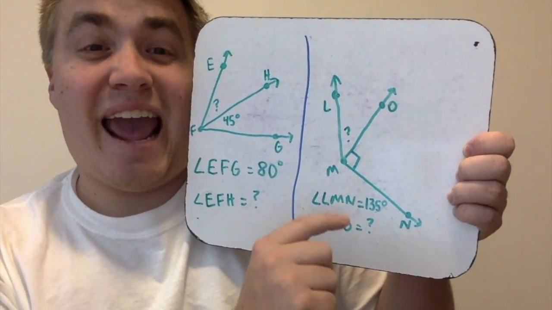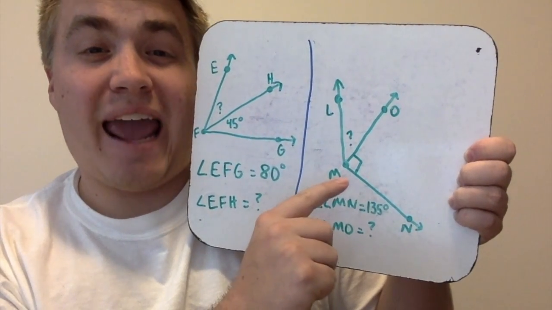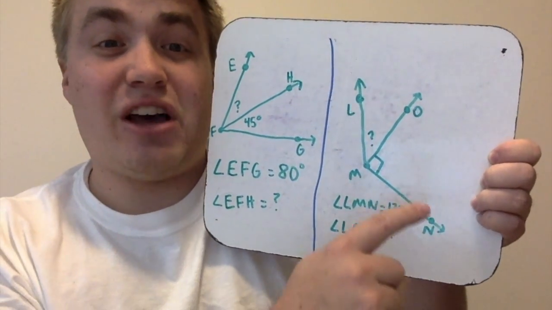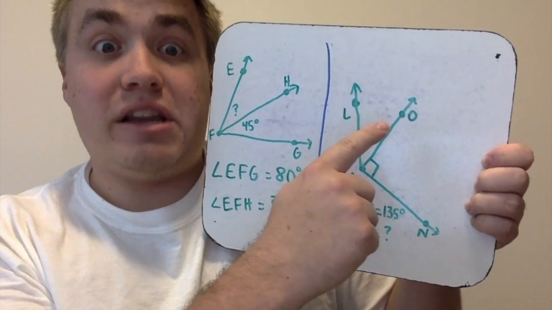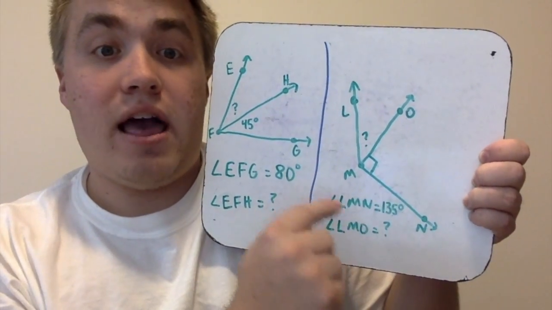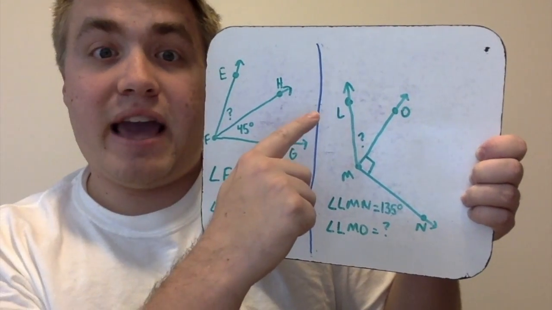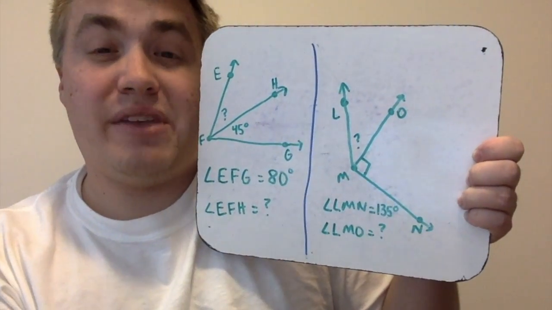I didn't write any angle measurement in there, but I do have a right angle symbol there. So if you remember that a right angle is 90 degrees, you can label angle OMN 90 degrees. We need to figure out how big angle LMO is.